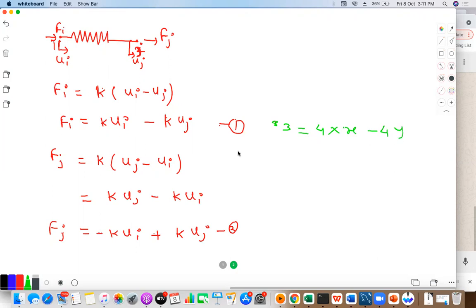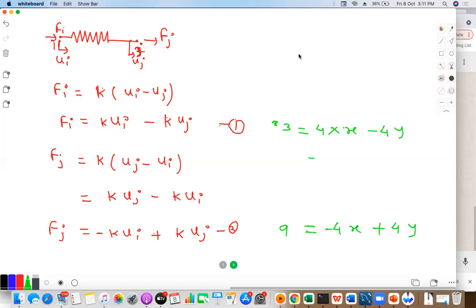And let me consider another equation, something like 9 is equal to minus 4 into x plus 4 into y.